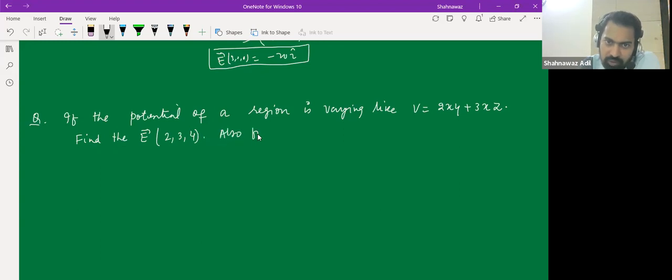Also find the magnitude of the electric field at this point. So this is the question. You guys calculate and tell me what the electric field is.